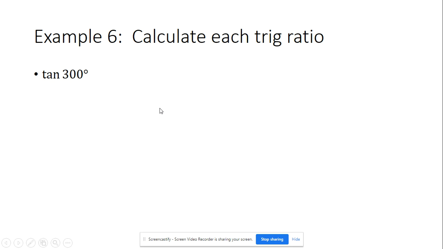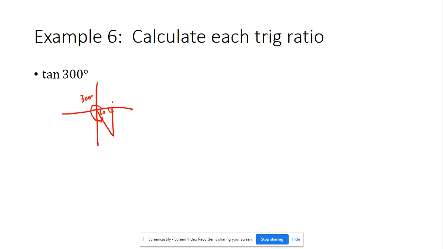Okay, tan of 300 degrees. So what does 300 degrees look like? It starts over here, here's 270. This is 300 degrees like this. That means I have a reference angle of 60 because a full circle is 360, so 300 plus 60 equals 360.